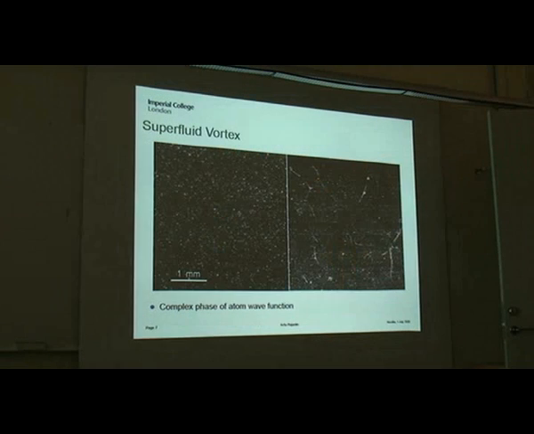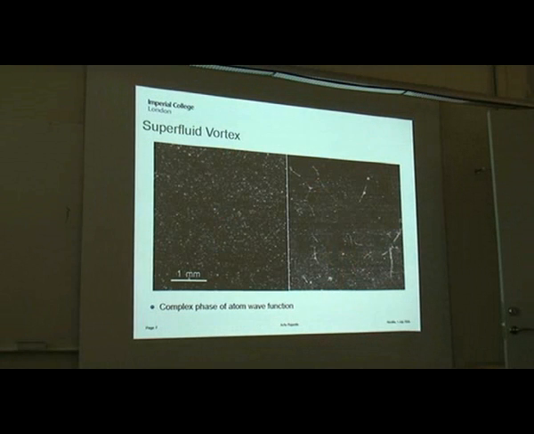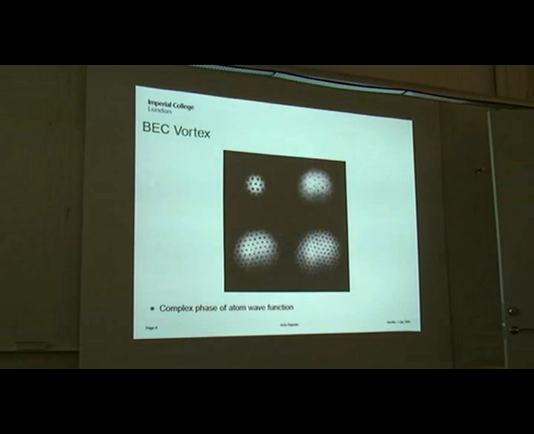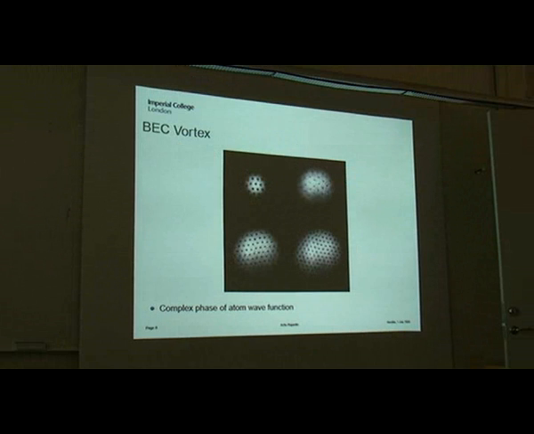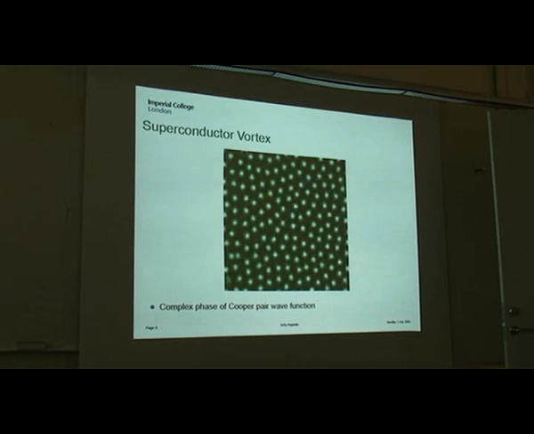In superfluids, the order parameter is the atom wave function, and here these lines are vortices. You can take pictures of them. In Bose condensates, again, the order parameter is the atom wave function. The dots here are vortices, and in superconductors it's the Cooper pair wave function that is the order parameter.